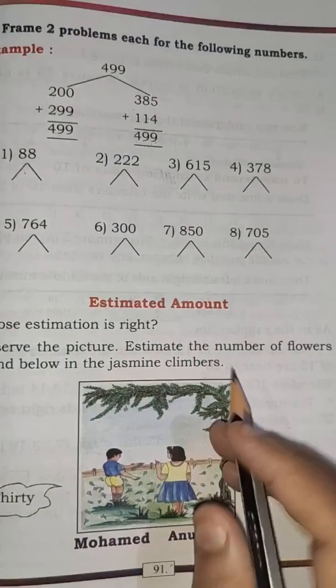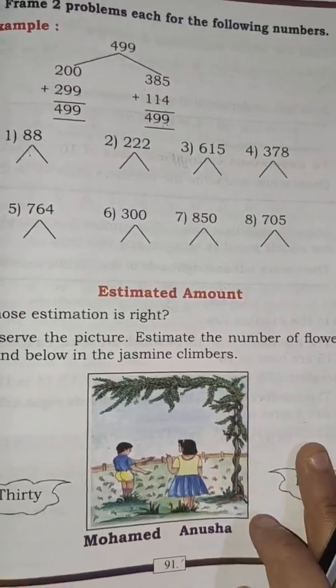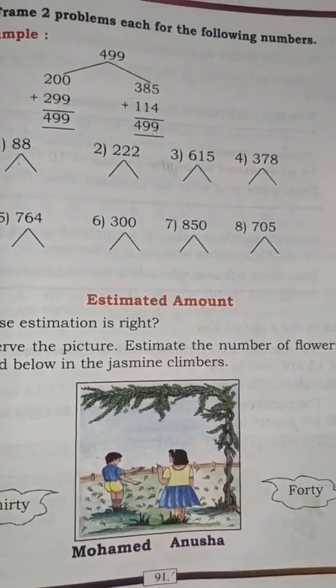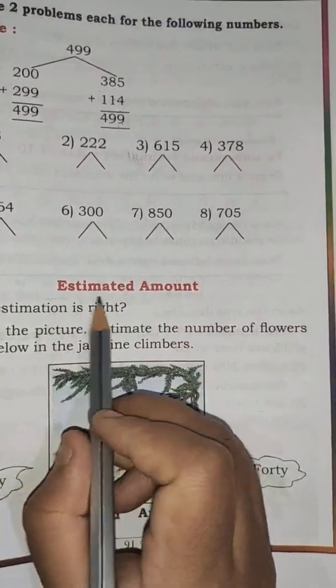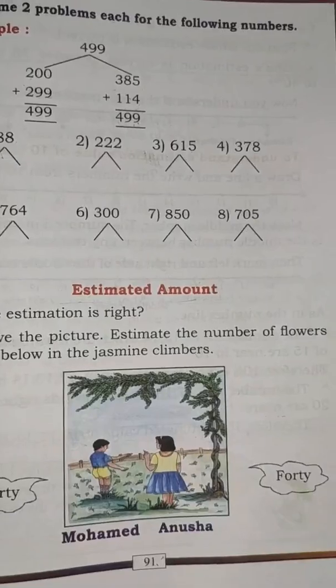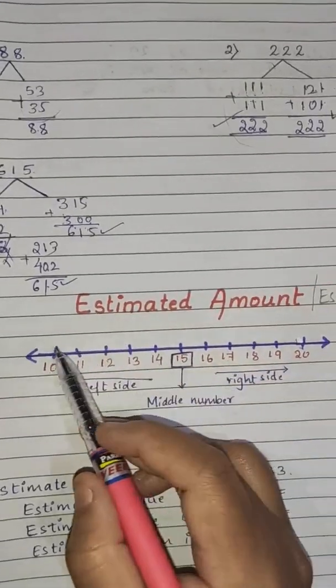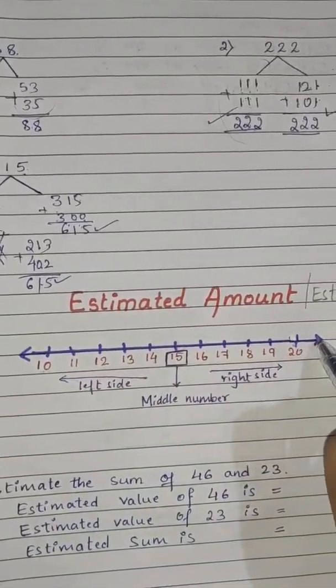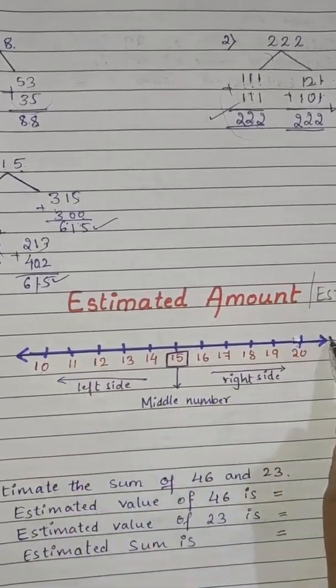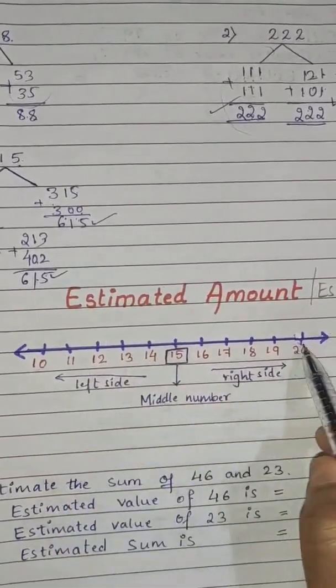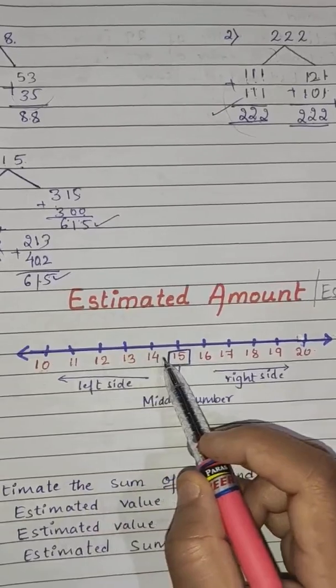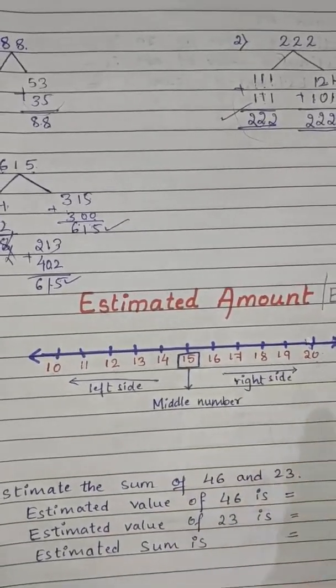Okay? Let us move forward with one more new concept, that is estimation or estimated amount. Okay, so here children, what is this? The blue one, you already know about it, right? This is the number line. Here you can see the numbers, right? 10, 11, 12, 13, 14, 15, 16, 17, 18, 19, 20, right?